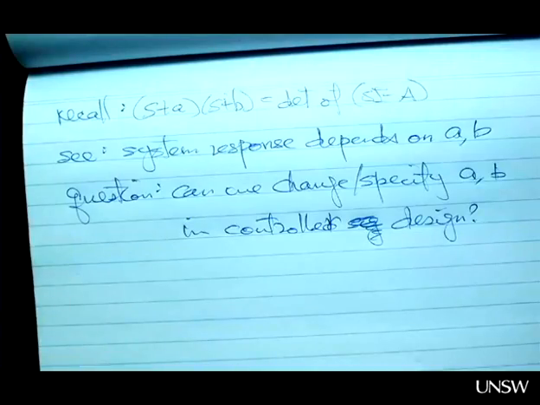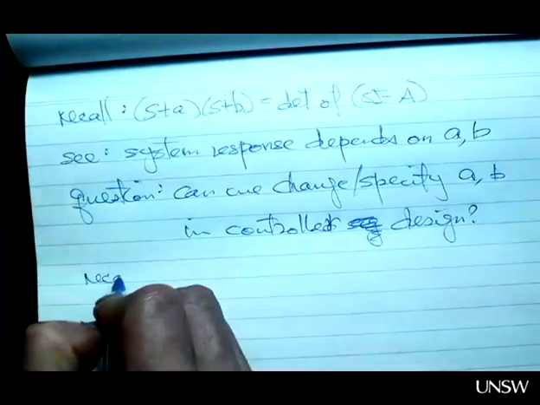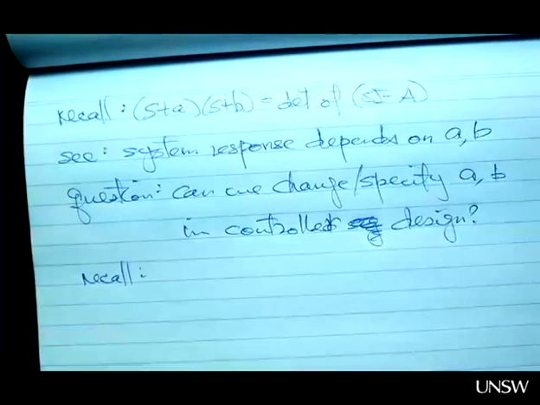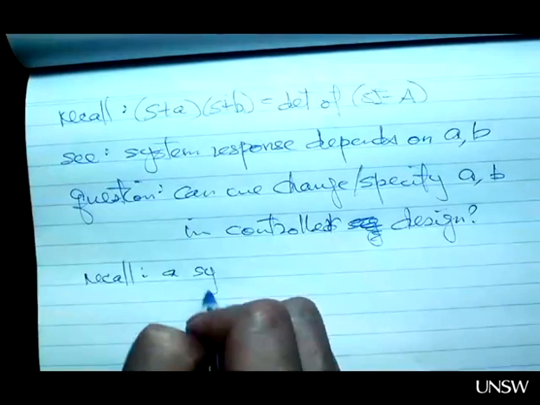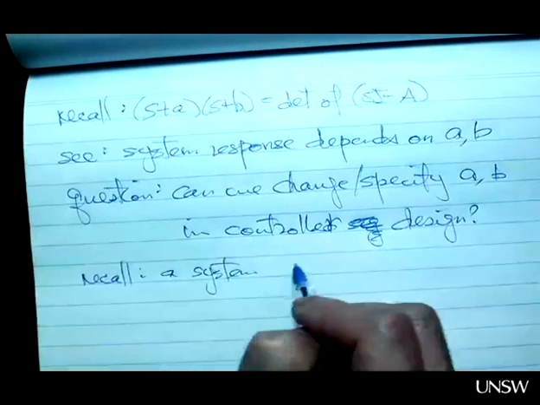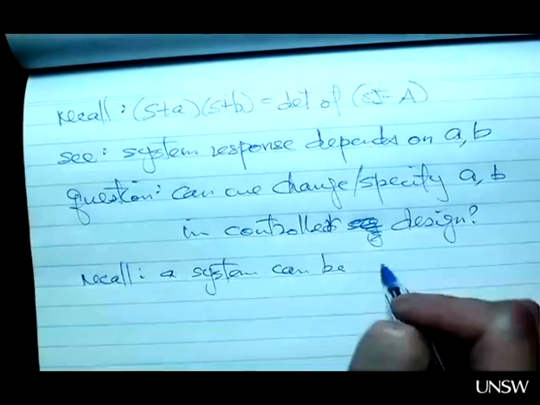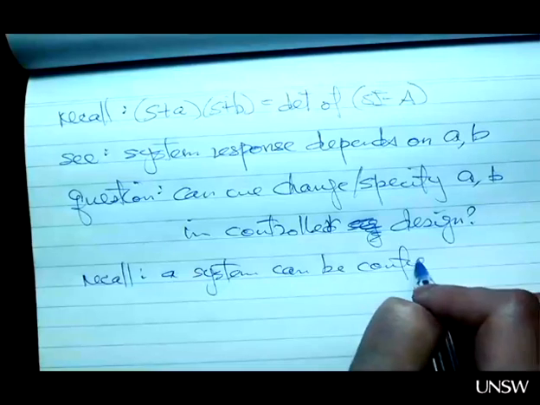Okay, and then we also recall that a system can be configured in a feedback loop.